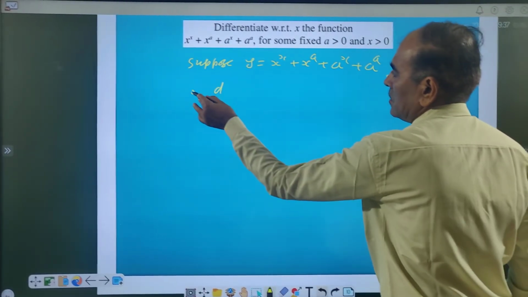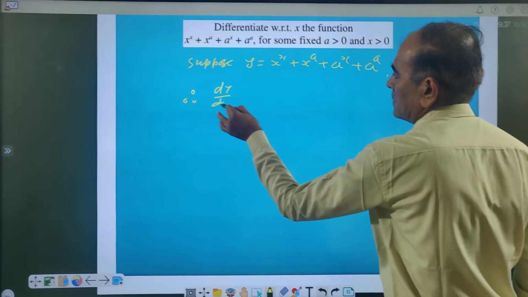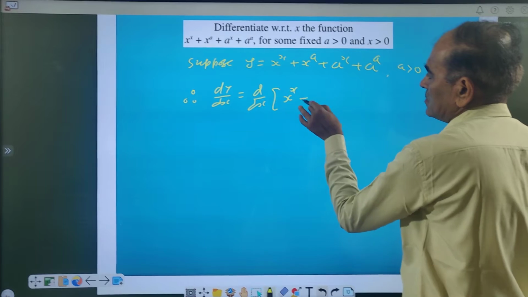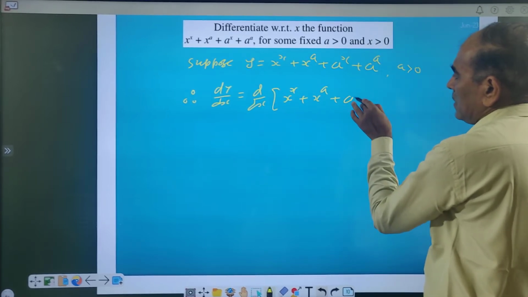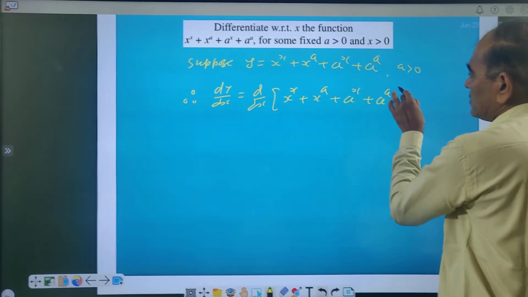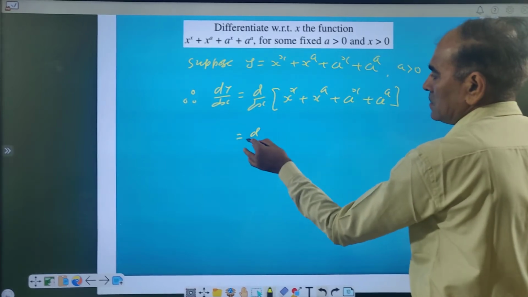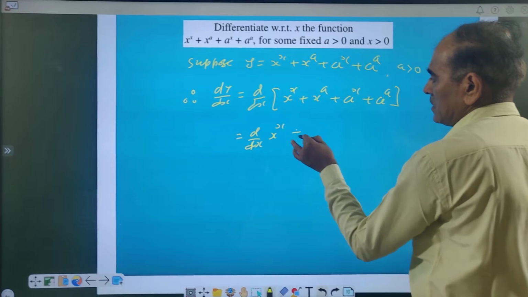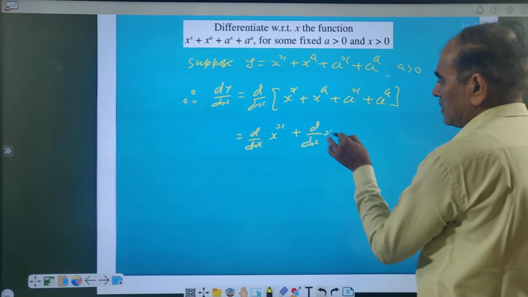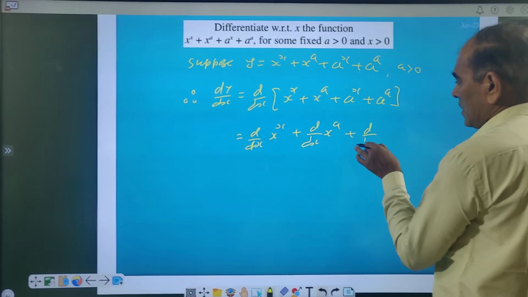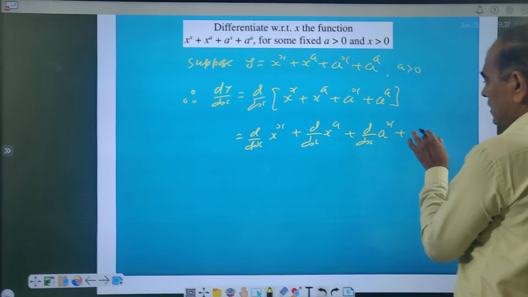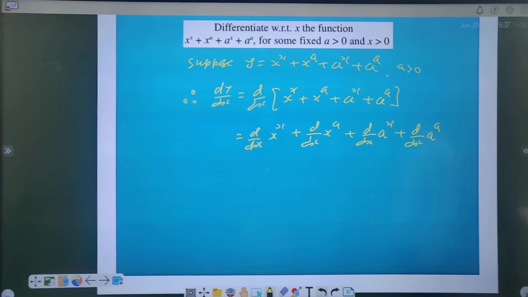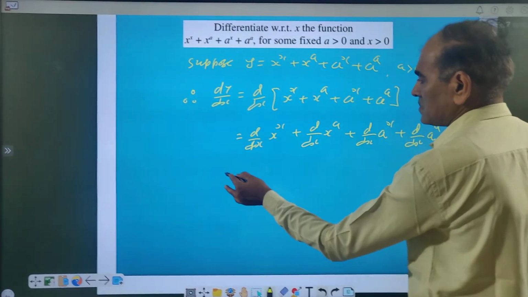Now, what is dy by dx? d by dx of every term: x raised to x, plus x raised to a, plus a raised to x, plus a raised to a. And that is equal to d by dx of x raised to x, plus d by dx of x raised to a, plus d by dx of a raised to x, plus d by dx of a raised to a. Giving differentiation to everybody, every step.